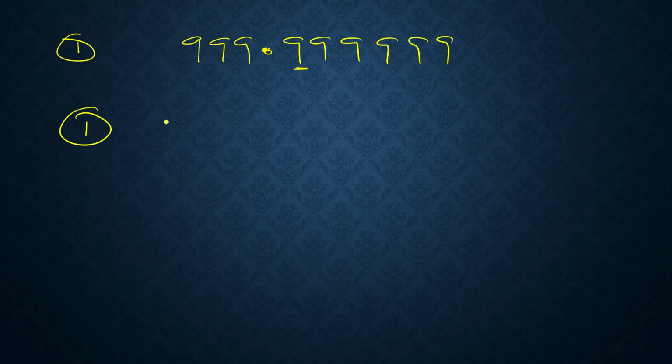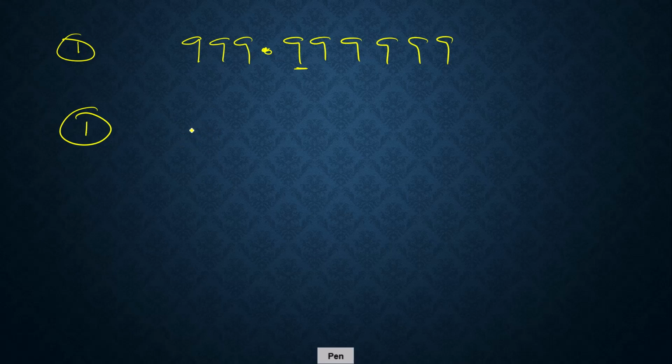Somebody will say 999 point, and since this one is 9 and this is more than 5, you add 1 to this, so somebody will say 10. This is wrong. Don't do that. This one is behaving like two decimal places, not one decimal place, so don't do this. Let's look at the right answer.